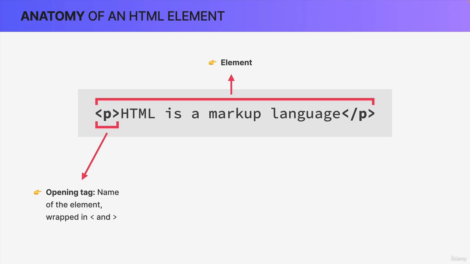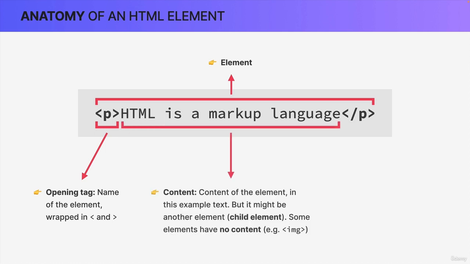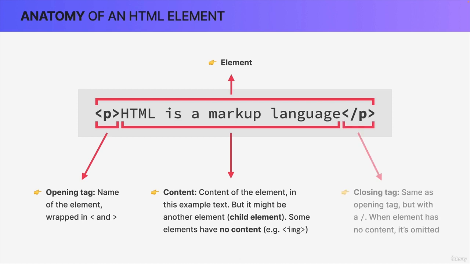Then, after that, we have basically the content of the element. So in this example, that is just some text, but there might be other types of content. For example, an element can contain another element inside of it, which we then call a child element. Also, some elements, such as images, have actually no content at all and only have an opening tag. Finally, after the content, we need to close the element by using the closing tag.